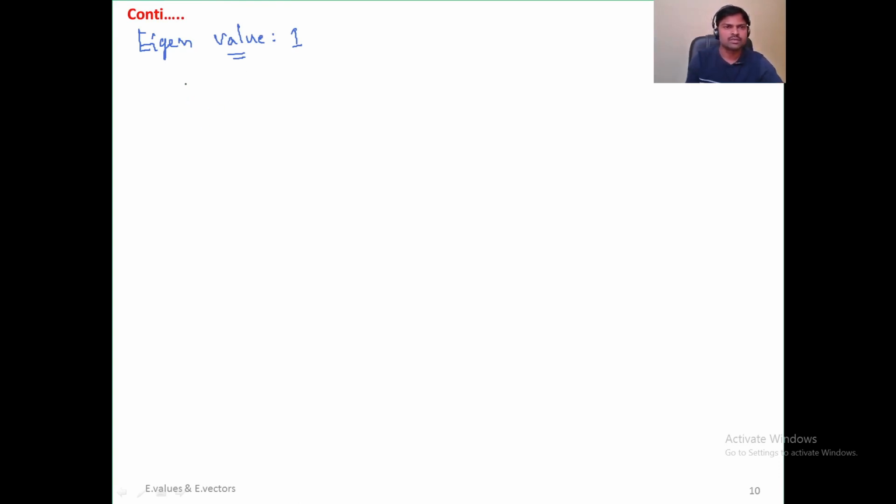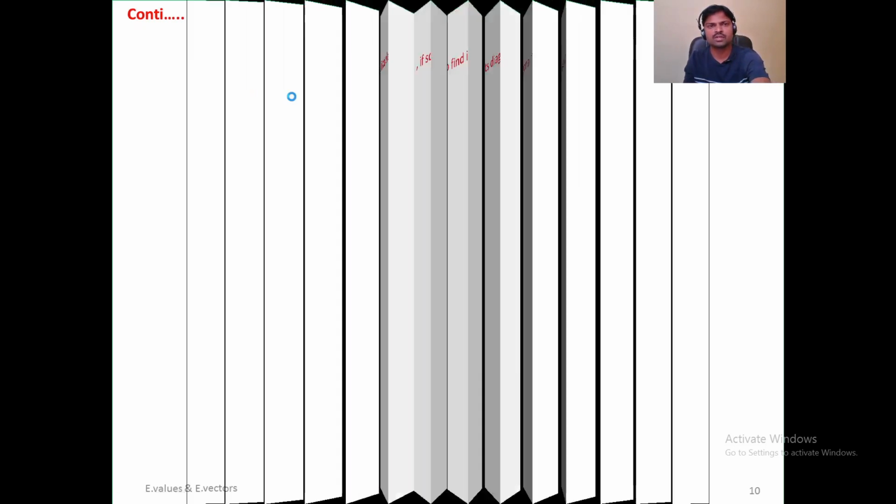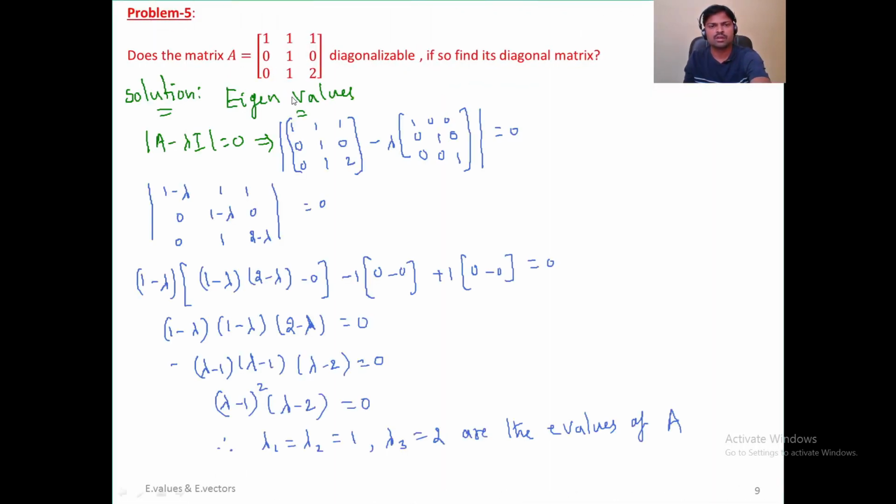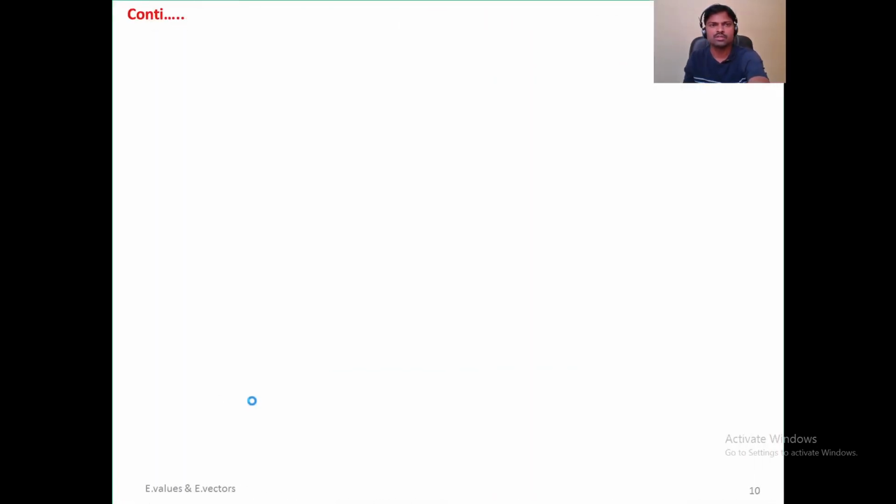First, algebraic multiplicity. Algebraic multiplicity of eigenvalue 1 is how much? Power k1, right? So here, look at the characteristic polynomial, 1 power 2 is there, so k1 is 2. So clearly the algebraic multiplicity of the eigenvalue 1 is 2.